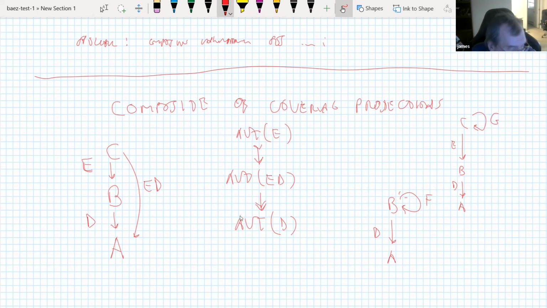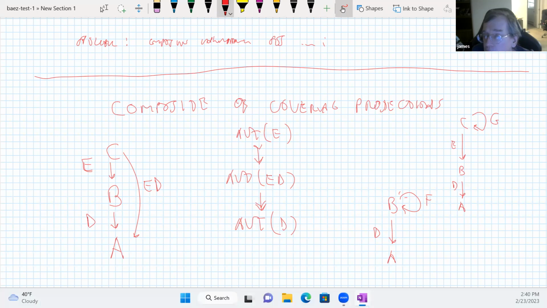If we weren't dealing with normal covering projections, there'd still be a whole bunch of stuff that we could do, but a lot of it would start with cooking up some associated normal covering projections from our non-normal covering projections.